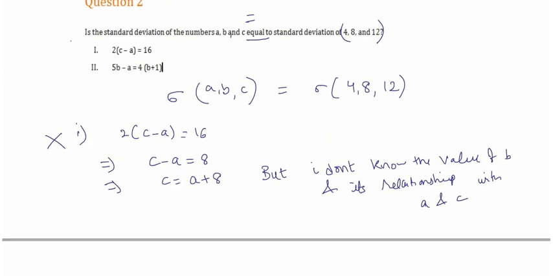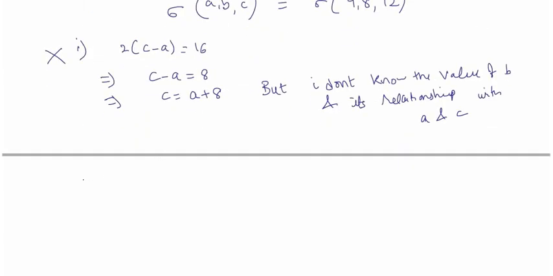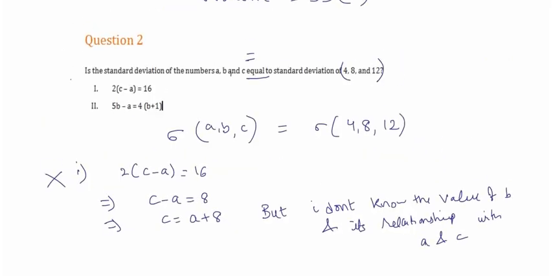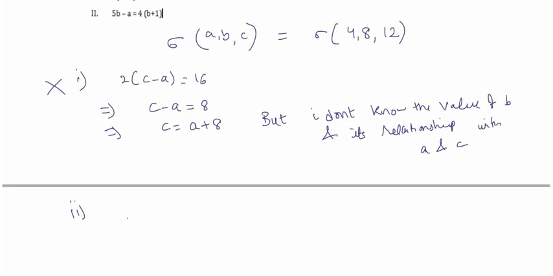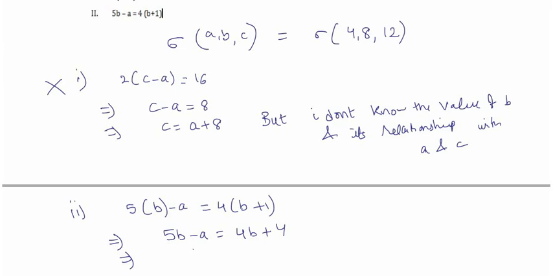Okay, so now let's try to find out what the second statement states. The second statement says 5b minus a is equal to 4b plus 1. Okay, so 5b minus a is equal to 4b plus 4, which is b is equal to a plus 4.